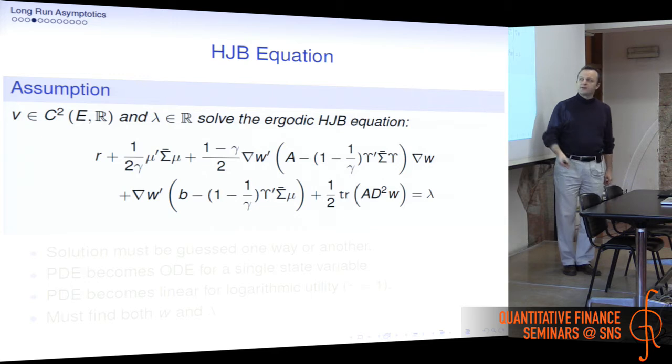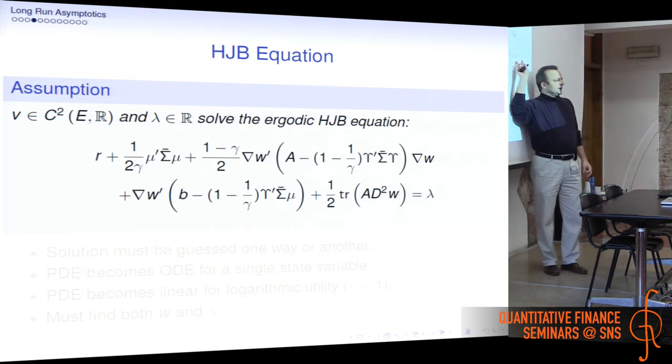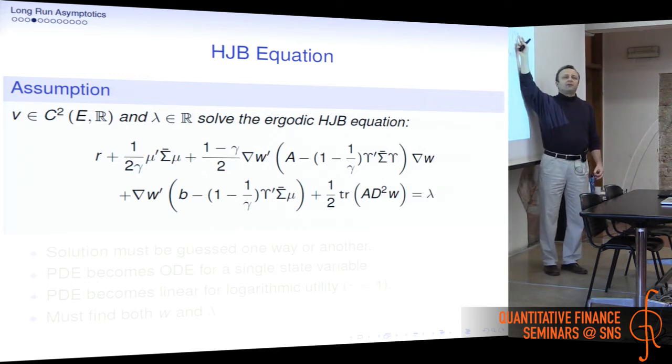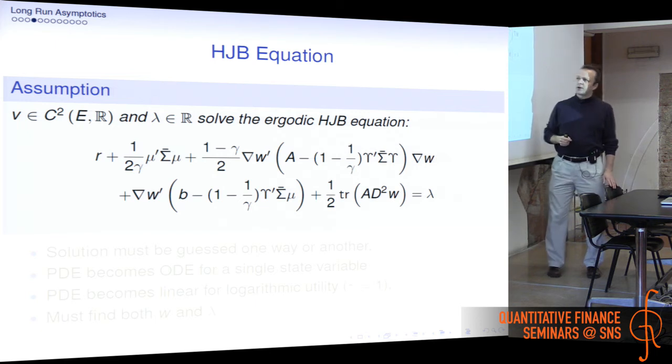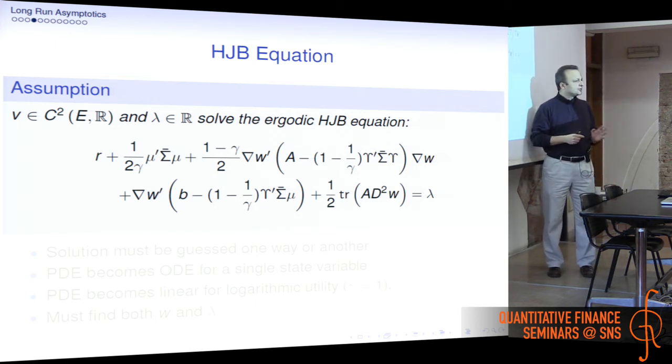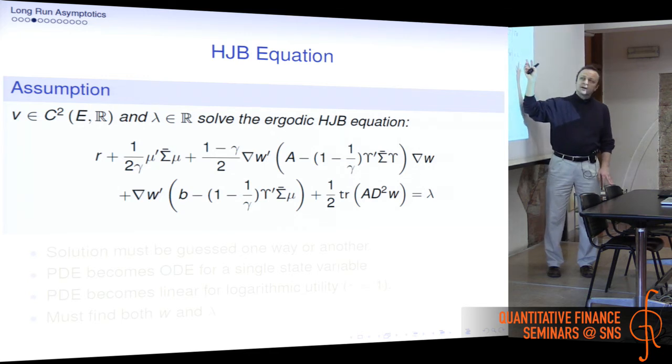So the problem with doing this is that in general, if you fix a lambda, you will find some solution w. So you have to find a way to pick the right lambda somehow. Okay? So when you are working with applications, you see that sometimes there is some natural lambda to look at.